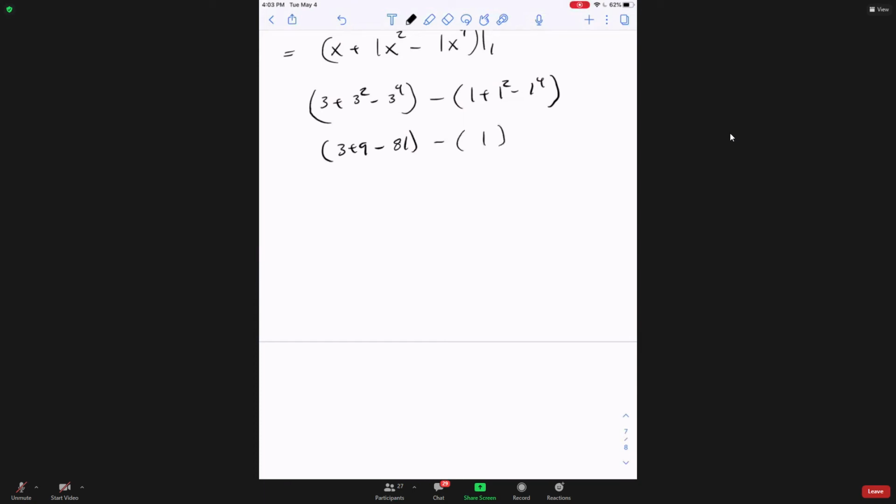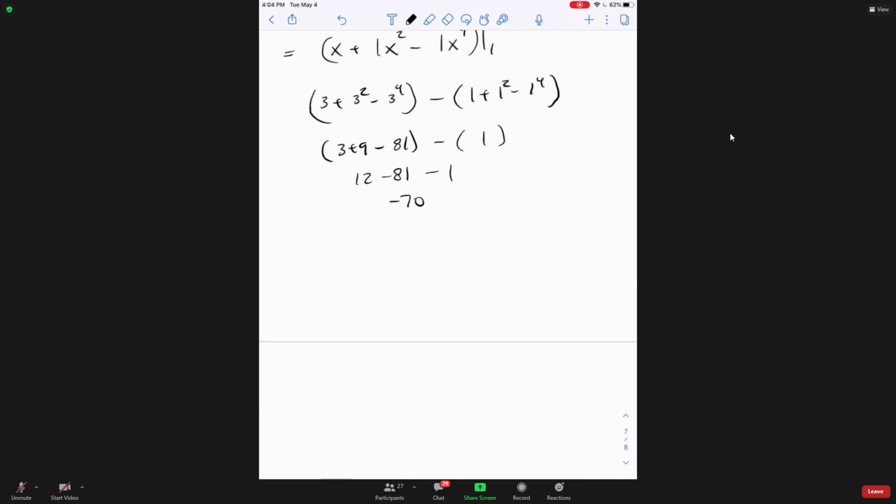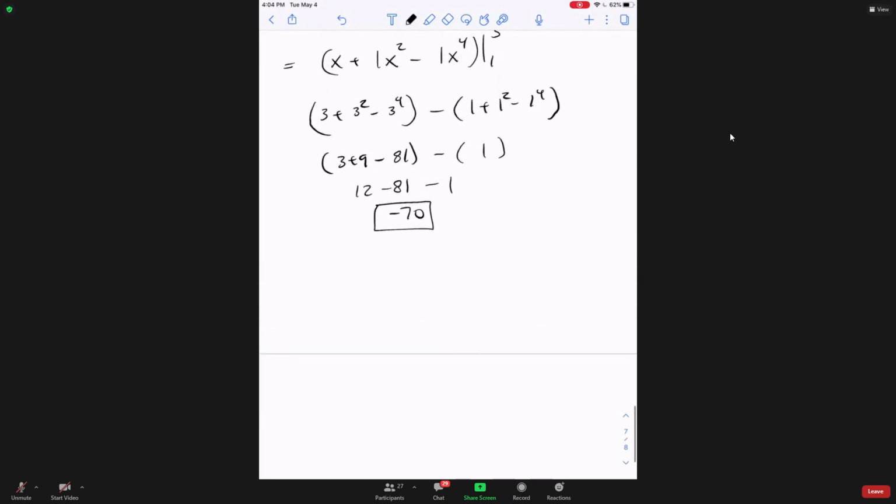Okay. So that's 12 minus 81 minus 1. How many of you got negative 70 as the answer? You guys get negative 70?